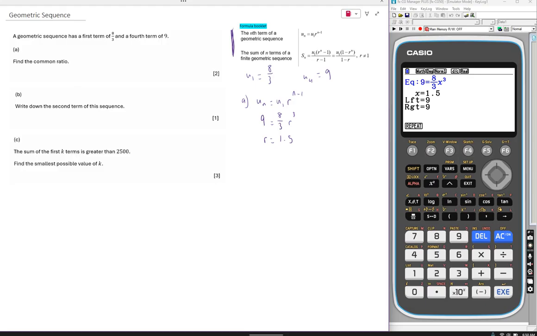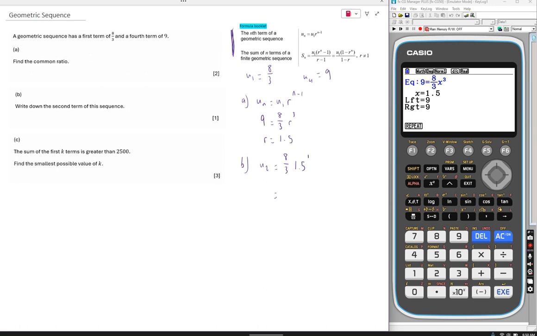Write down the second term of the sequence. Well, if I've got Un, now I've really got U2 equals U1, which is 8 over 3, times r, which we just figured out was 1.5, to the power of n minus 1. So n is 2, 2 minus 1 is 1.